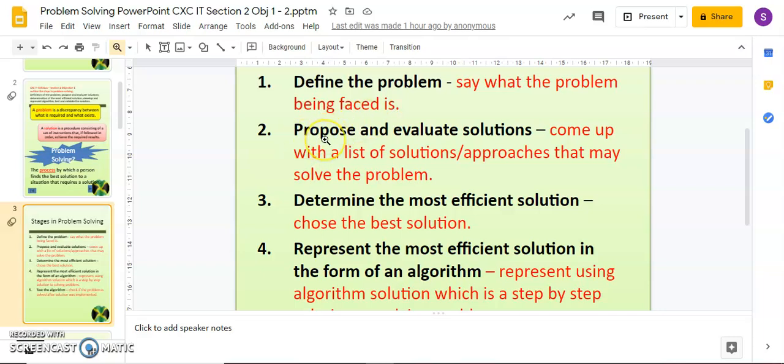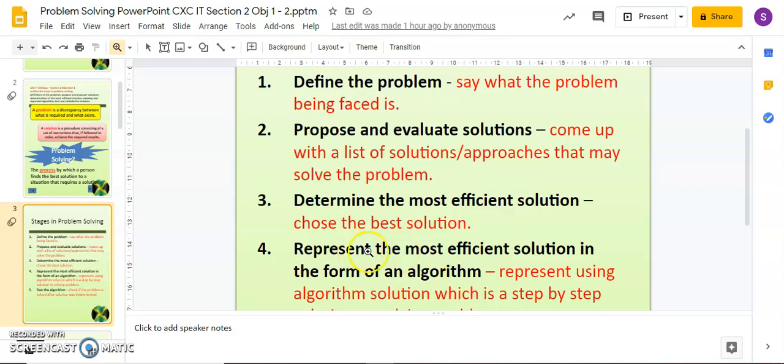The second step is to propose and evaluate solutions. That is, come up with a list of solutions or approaches that may solve the problem. Thirdly, determine the most efficient solution. That is, choose the best solution.